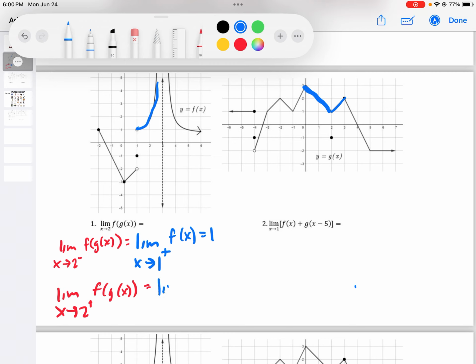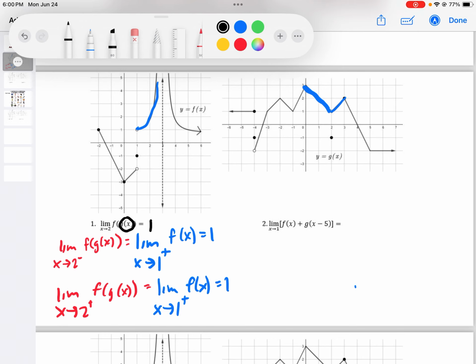Draw from the right. I'm approaching 1 from above. So this is going to be very similar. Limit as x approaching 1 from above means I'm going to find the limit as x approaches 1 from the right of f of x. And that's still 1. So since those agree, they're the same thing, our answer for the original problem is 1.